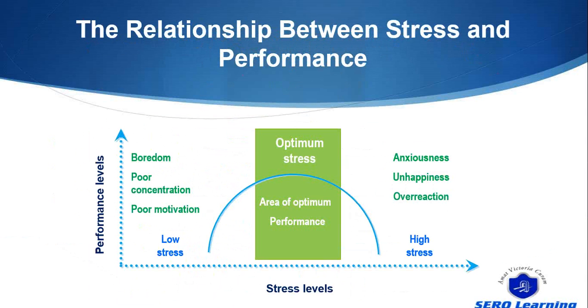Now, this diagram you're seeing on the slide is telling you that the truth of the matter is a little bit of stress is a good thing. It can be argued that a little stress is a good thing for you. It's when you get too much stress in your life that it affects your performance and your health. So we look at this idea of optimum stress. If you've not got much stress going on in your life, you might find yourself a bit bored.